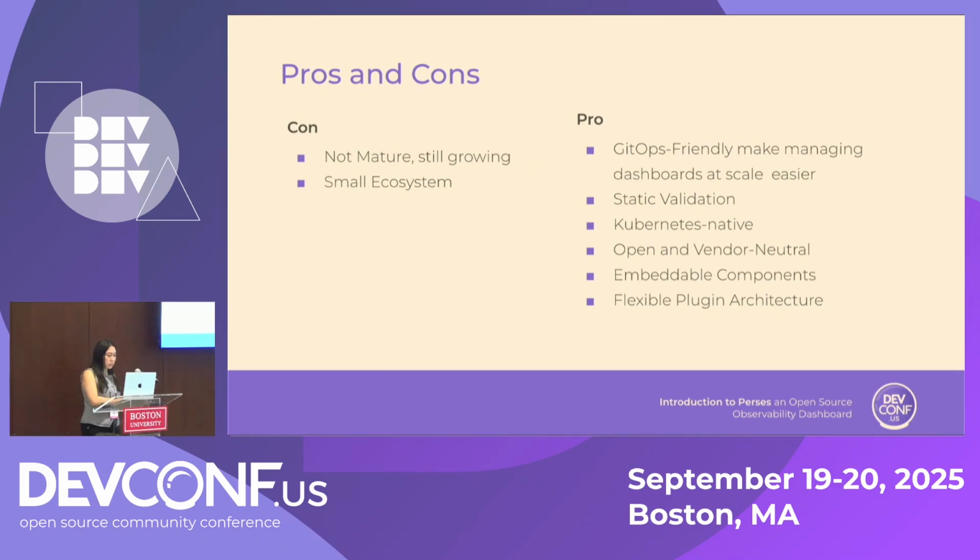But where Perses shines is that it tries to improve upon the pain points of Grafana. Such as being GitOps friendly, having static validation with the Perses CLI that we saw, being Kubernetes native with CRDs so we can version control, being open and vendor neutral, particularly because it's under CNCF, and being embeddable, exactly what my team is doing, trying to embed it into the OpenShift platform and skinning it to look like our in-house design system, Patternfly.